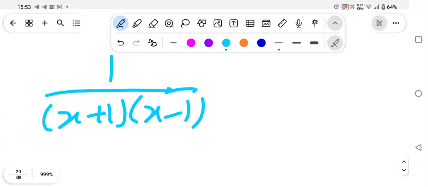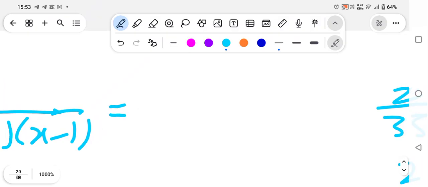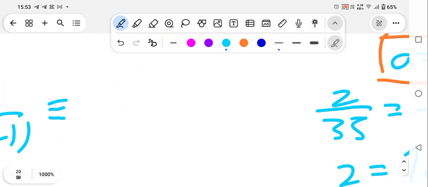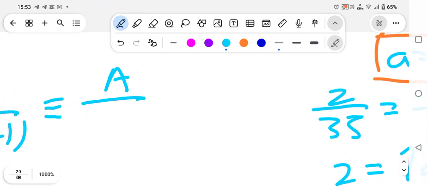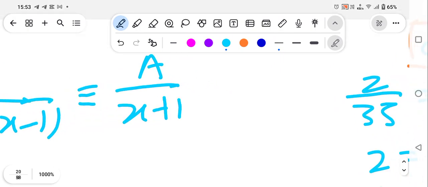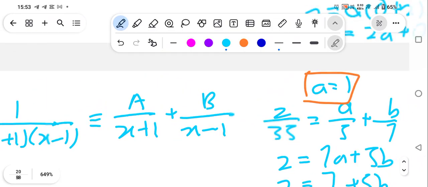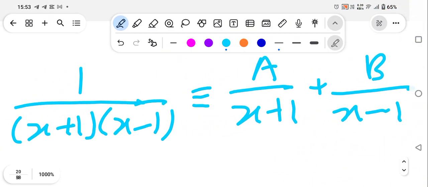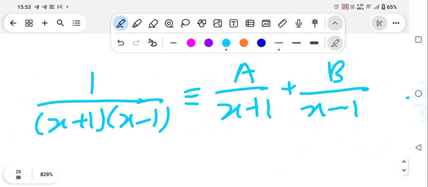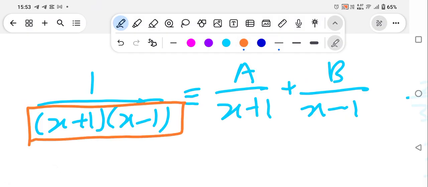And now I want to split this thing, and this will equal a over x plus 1 plus b over x minus 1. So now what should we do? The first thing is we're going to multiply both sides by this denominator.